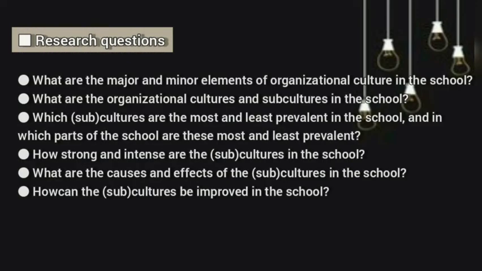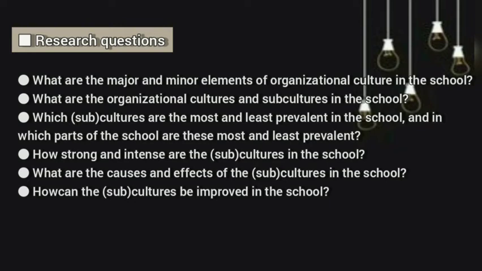The next is research question. There are 6 points about the research question. The first is, what are the major and minor elements of organizational cultures in the school? Second, what are the organizational cultures and subcultures in the school?